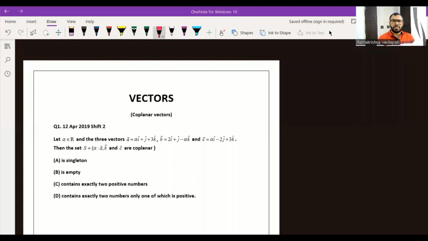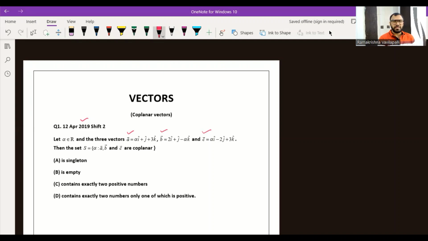Now I'm going to take a few questions from previous JEE. The first question asked in 2019. Alpha belongs to R. Three vectors A bar, B bar, and C bar are coplanar.